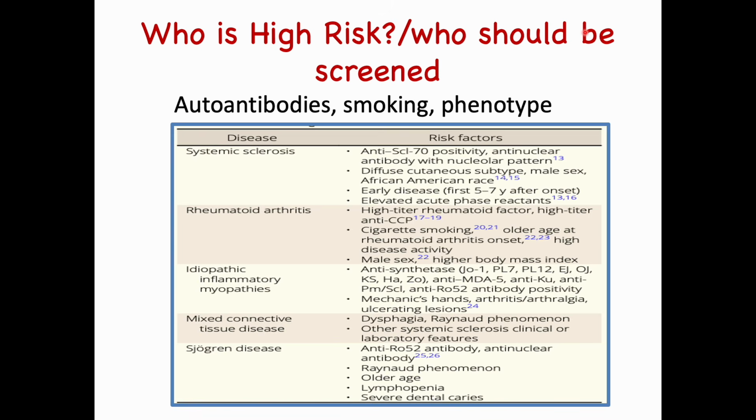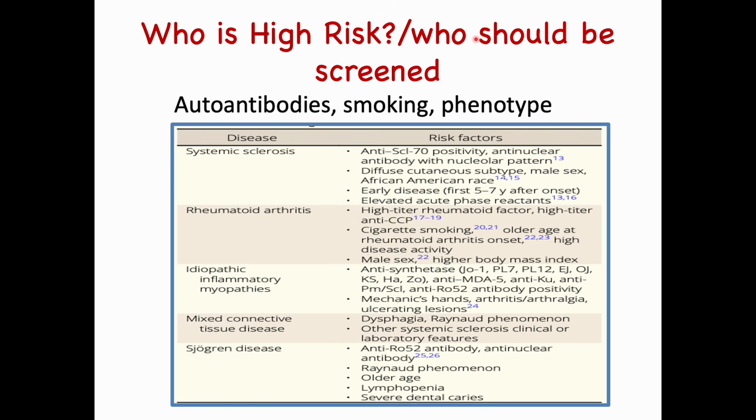They are at high risk. And when we talk about Sjogren's syndrome, patients who are older in age, who have lymphopenia, who are positive for anti-Ro52 and ANA antibody, and also there have been reports of severe dental caries being associated with a higher risk of ILD. So, screening has to be tailored to an individual patient, recognizing the need for shared decision making between the rheumatologist and the pulmonologist.